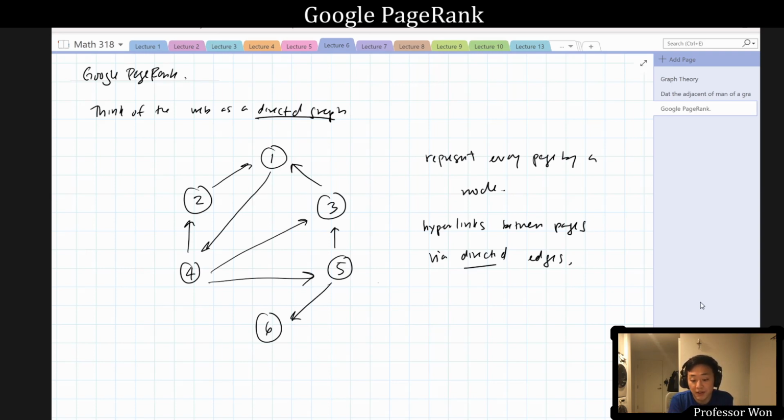So you have some people at page 1, some people at page 2, 3, etc. At each time step, have them all randomly click a link on their page. So all the random surfers who are on page 1 end up at page 4, because there's only one link to click. But of all the random surfers on page 4, a third of them end up on page 2, a third end up on page 3, and a third end up on page 5. So let's imagine that we have some population of users on this web graph, and at each time step, they randomly click a link.